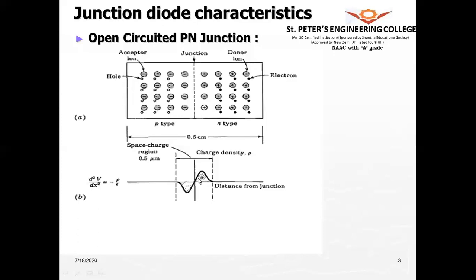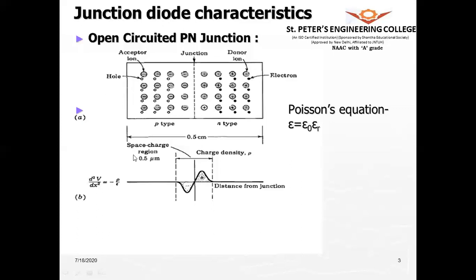From the junction, on one side we have the positively charged region, and here we have the negatively charged region. So the space charge region will have the charge density rho, and the distribution of the charge density will vary around the junction.